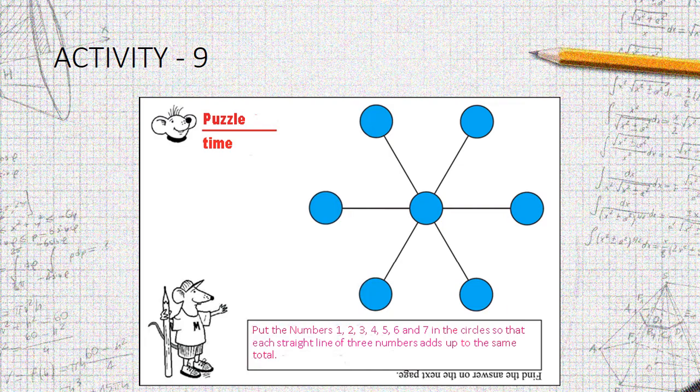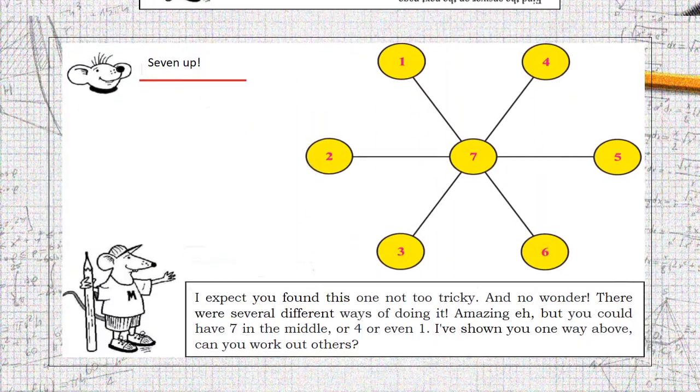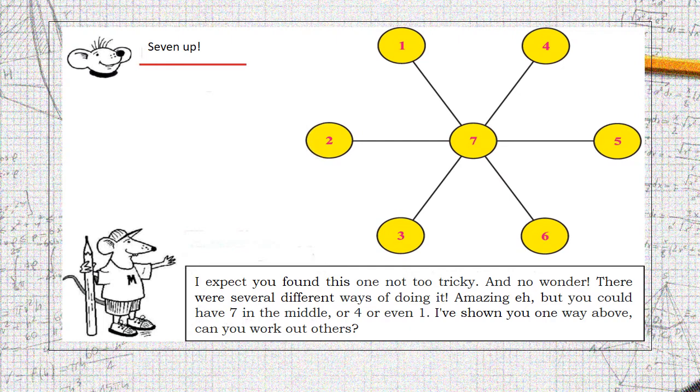You can start with putting 1 in between, then 2 in between, then 3, then 4, then 5, 6, and you guys are free at home right now, so you can try like this. On the next page, we have already given the answer.